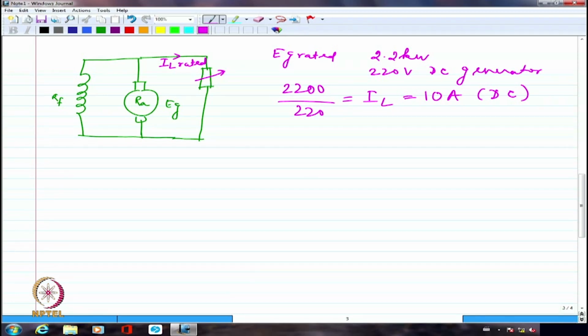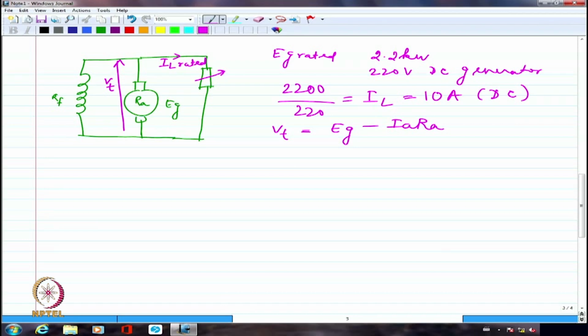Based on this, I should be able to write the equation: VT equal to EG minus IA-RA. Because whatever is the drop within the armature, devoid of that, whatever is available is what comes out as the terminal voltage.